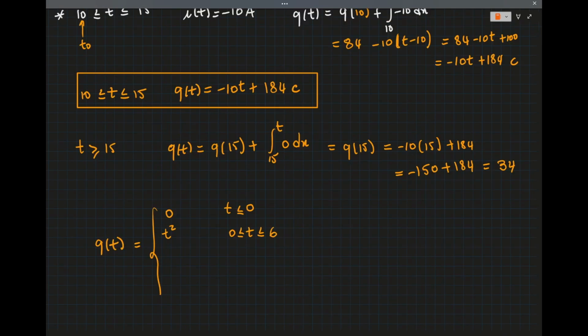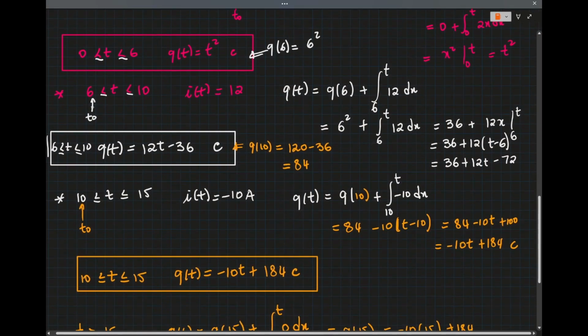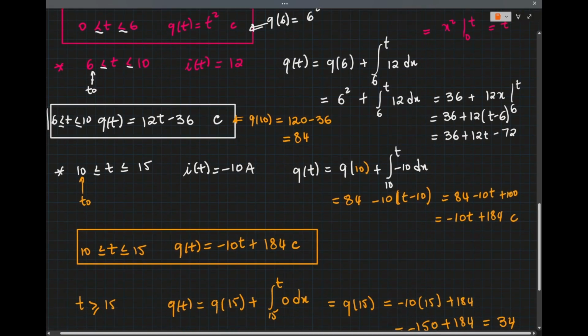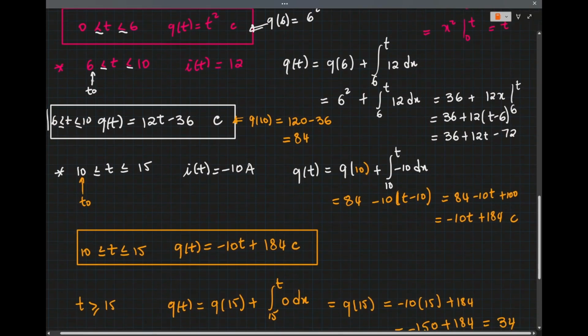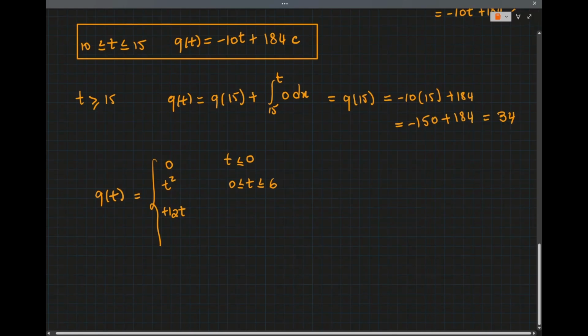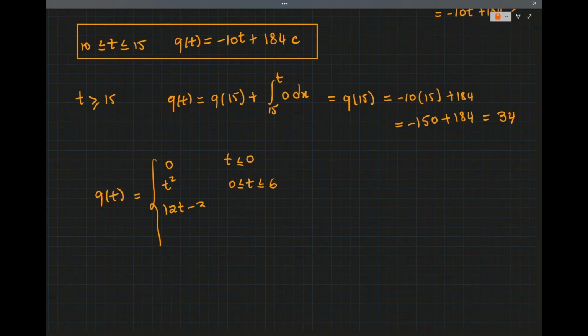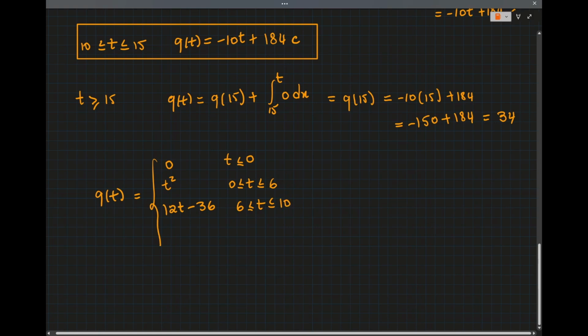The next one is plus 12t minus 36, between when 6 is less than or equal to t, less than or equal to 10 seconds.